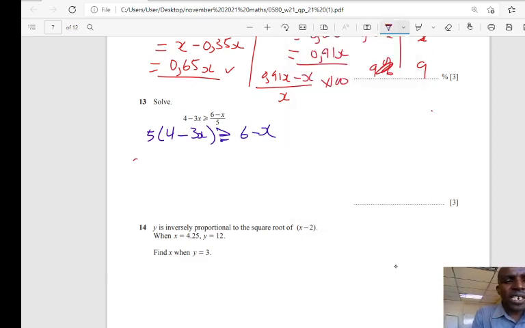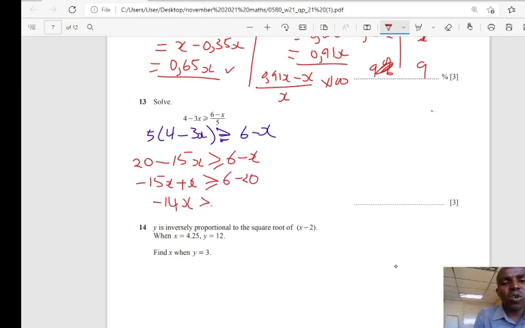Right, remove the bracket. 20 minus 15x greater than or equal to 6 minus x. Collect like terms. Minus 15x plus x greater than or equal to 6 minus 20. Then minus 14x greater than or equal to negative 14. Then you divide by negative 14.